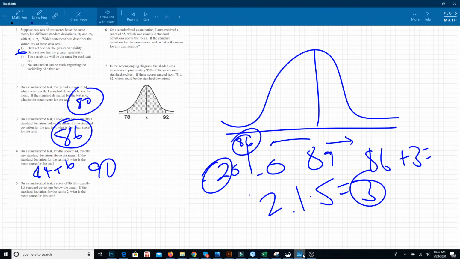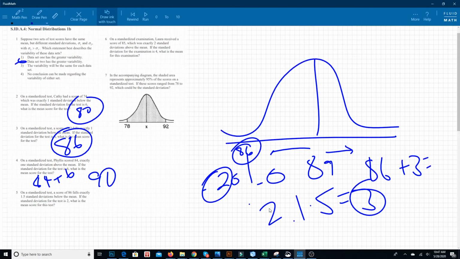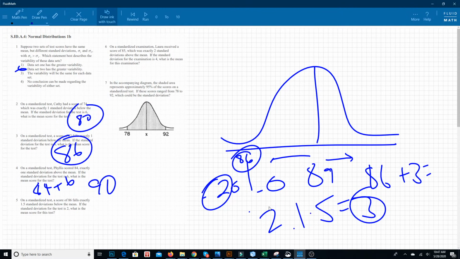Okay. So now it says on the standard for 6, on a standardized examination, Laura received a score of 85, which is exactly 2 standard deviations above the mean. The standard deviation of the examination is 4, so that means it's 8.